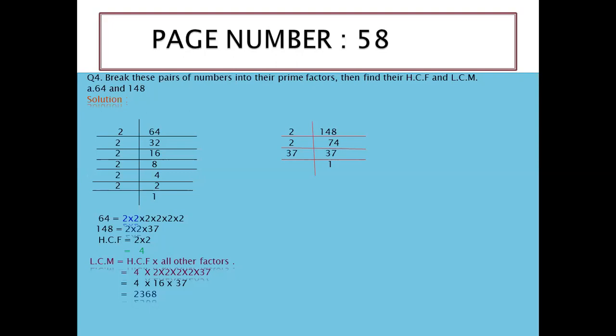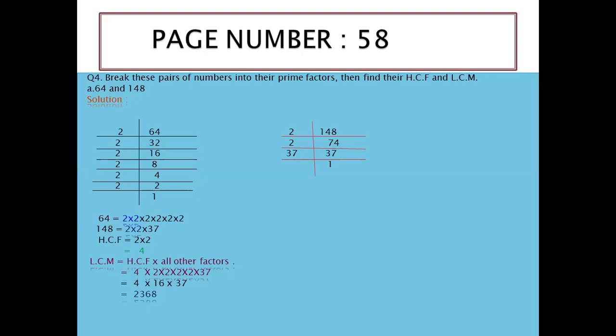Also remember that the formula of the LCM is HCF multiplied by all the other factors. It means that for the LCM, it is necessary that first we find the HCF and then we calculate the LCM. 64. The prime factors of 64, we start from 2.